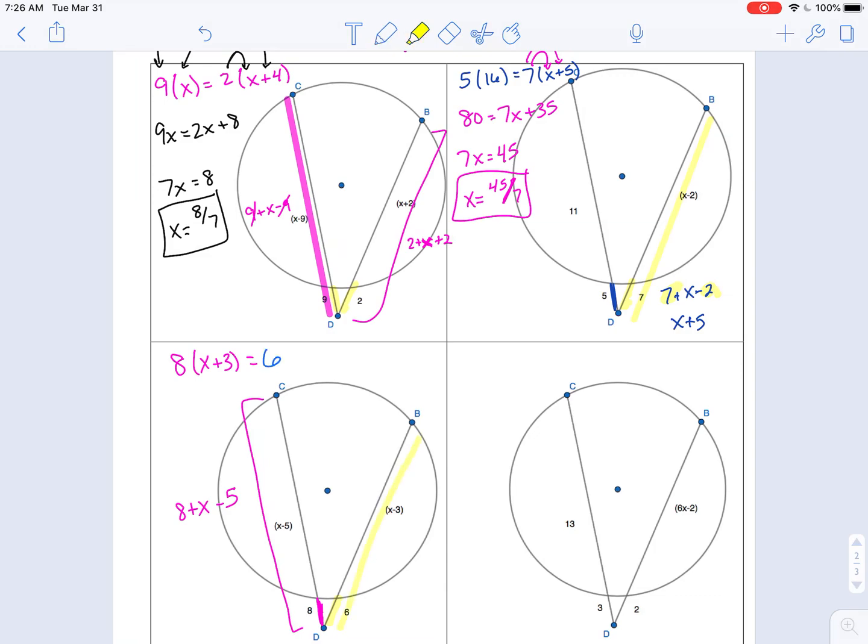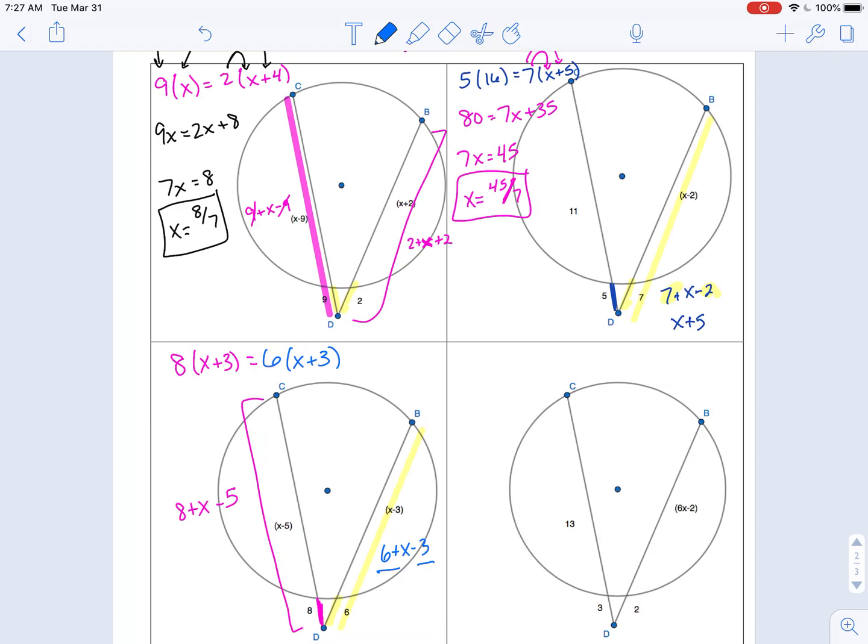That's going to be equal to, let's do this in blue, 6 times, and what's the whole secant? That's 6 plus x minus 3.